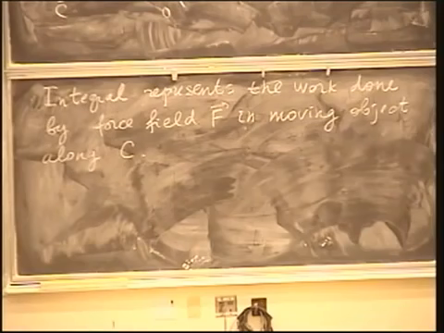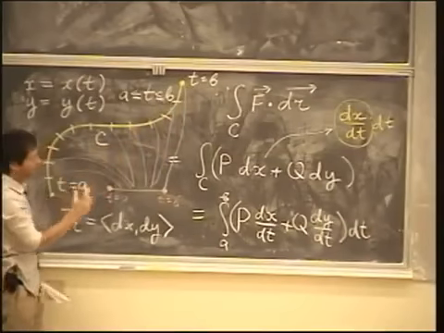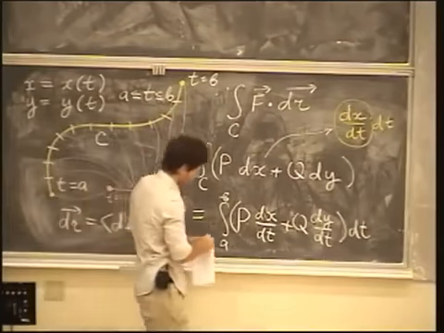So, when we were deriving it, the way we derived it is as usual with integrals. We break the curve into small pieces, right? We then approximate each piece by a line segment, right?